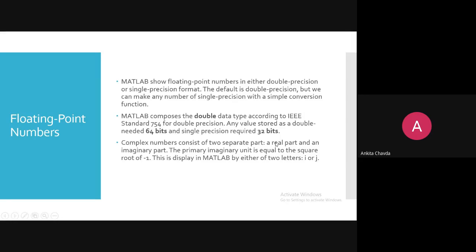So a complex number consists of two separate parts, real and imaginary. You know this. The primary imaginary unit is equal to the square root of -1. Do you remember that? We have discussed this. There are predefined variables i and j, whose value is the square root of -1. So this is displayed in MATLAB by either of these two letters, i or j.